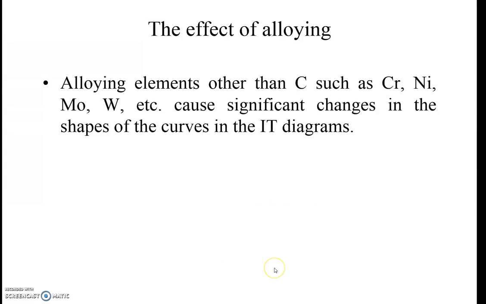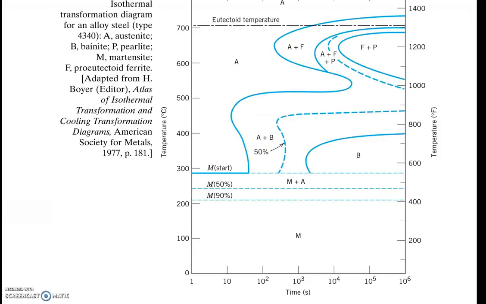Normally, remember we have a phenomenon called solid solution strengthening, where we can add other elements to make your alloy stronger and sometimes more brittle, and then we have to do some manipulation to retain the ductility or the toughness. But anyway, this is an example of what might happen to your isothermal transformation diagram when you alloy.